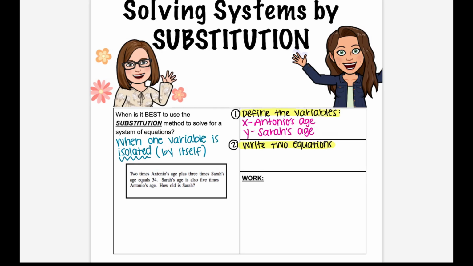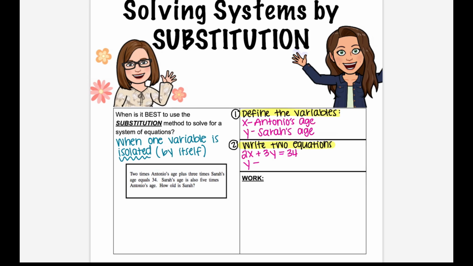Two times Antonio's age plus 3 times Sarah's age equals 34. That's one equation right there. So 2 times Antonio's age, which we said was x, plus 3 times Sarah's age, which we said was y, is equal to 34. That's one equation.